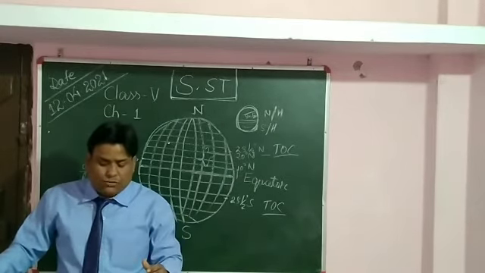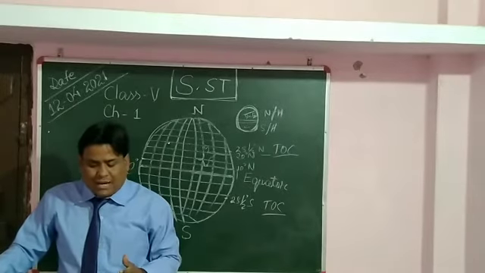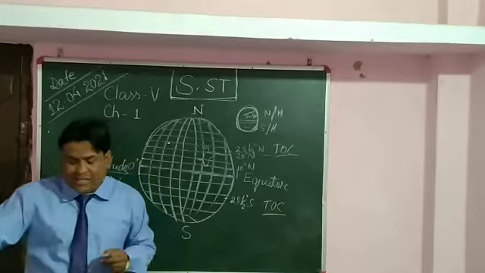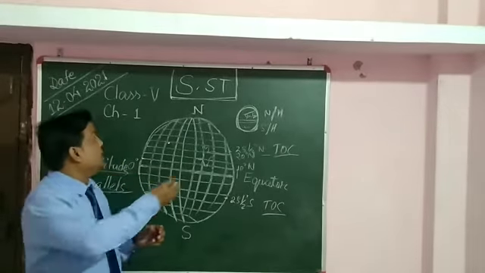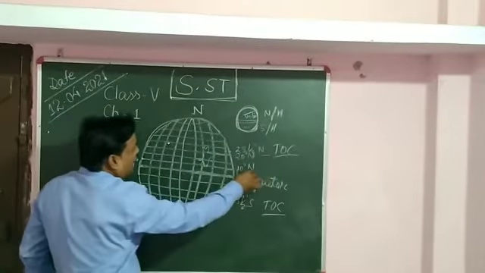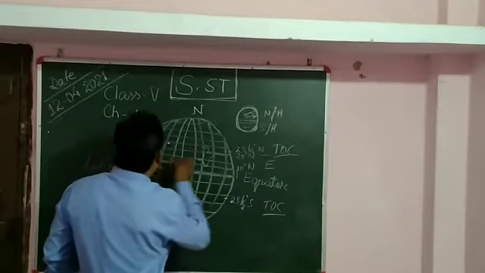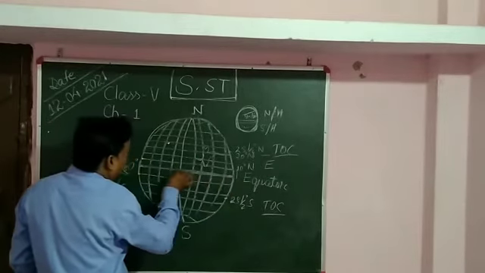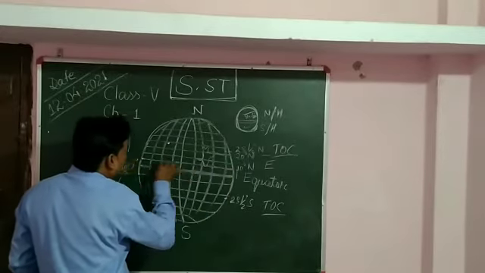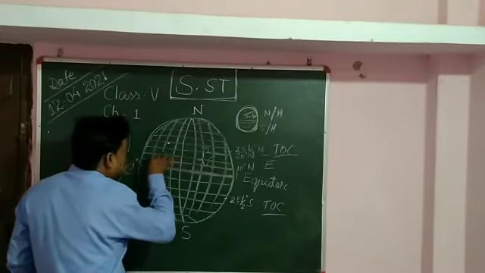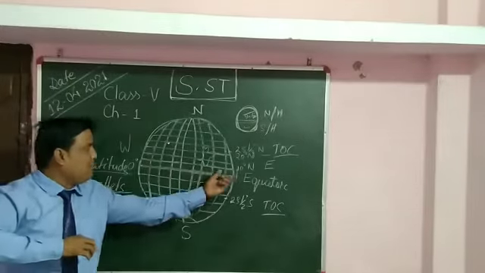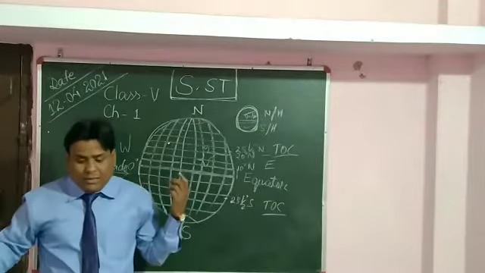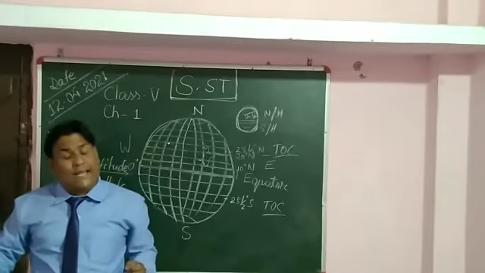Lines of latitude are imaginary lines that run across the globe in an east-west direction. So this automatically becomes the east side and this the west side. The lines which go from east to west, from this side to this side, are known as lines of latitude.